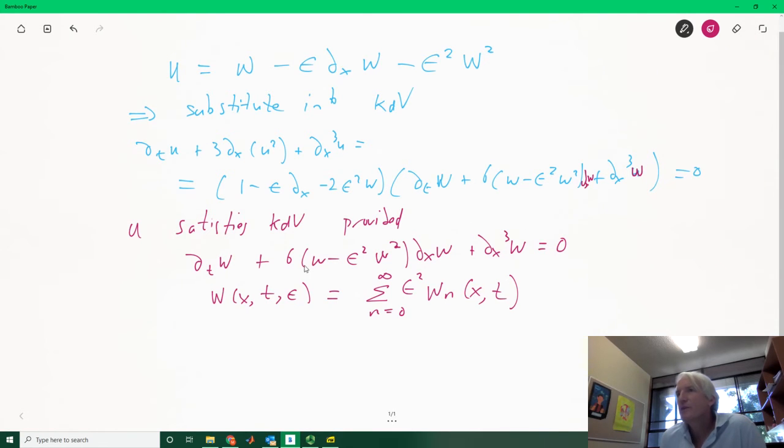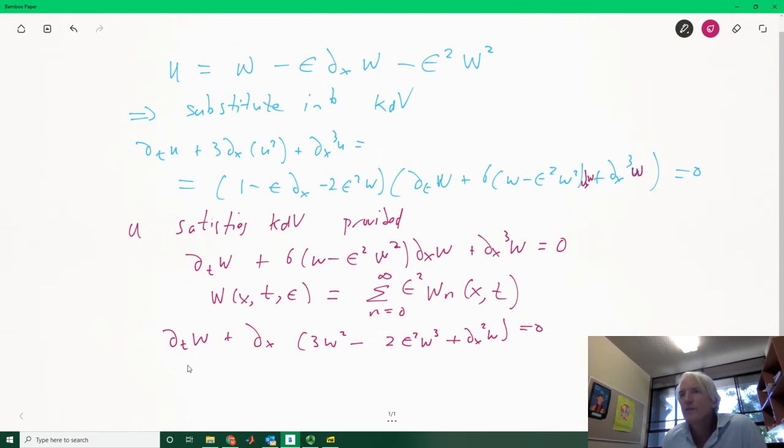This equation here is in conservation form. So we can write it as d by dt of w plus d by dx of 3w squared minus 2 epsilon squared w cubed plus dx squared w.